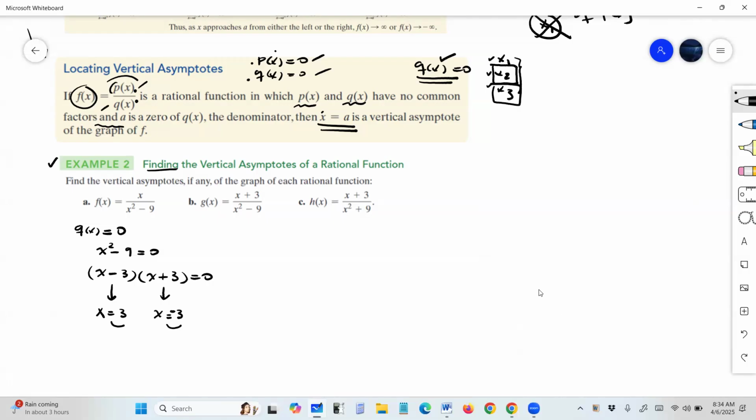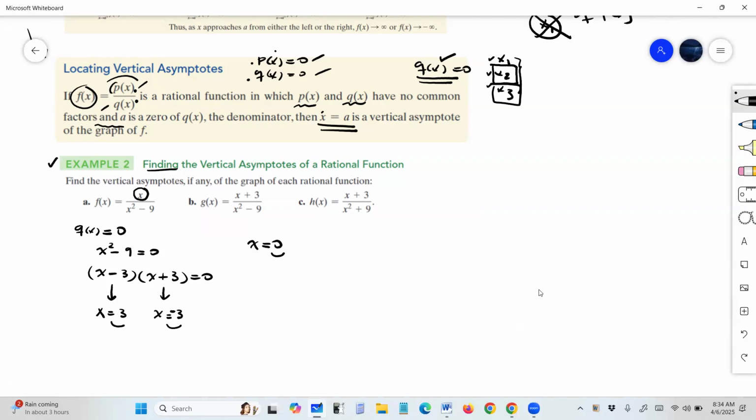Now, normally we would say that this is a vertical asymptote and this is a vertical asymptote, but that's not enough. We have to check the numerator root. So how do we do that? Well, you set the numerator to 0 and you solve it for x. Obviously, this is already 0.